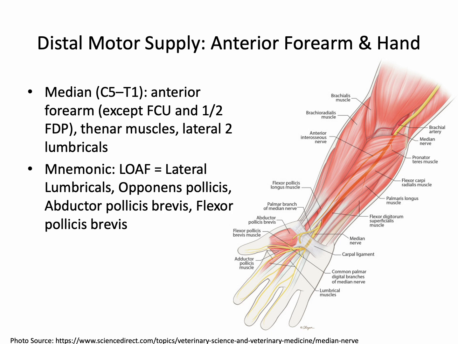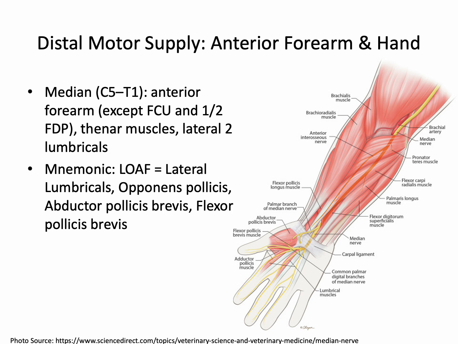Now let's take a look at the median nerve. The median nerve originates from the roots C5 to T1, and it is formed by the contributions from two cords of the brachial plexus, if you recall. The first cord is the lateral cord, and the second cord is the medial cord.